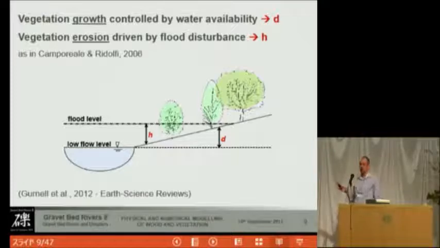I will not go into the details of the equations. We already had a lot of equations today. But if you run a sequence of random floods on a system like this, in certain environments, particularly low-pressure environments, I'm thinking of something like the chalk streams in the UK, for those who know them, the flow is not varying a lot.